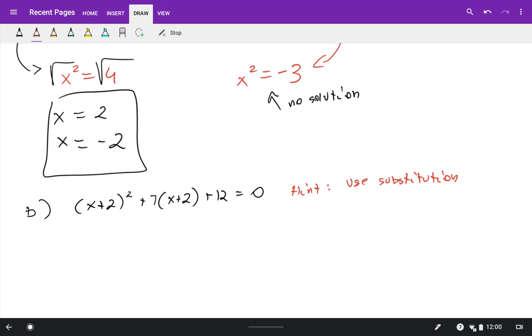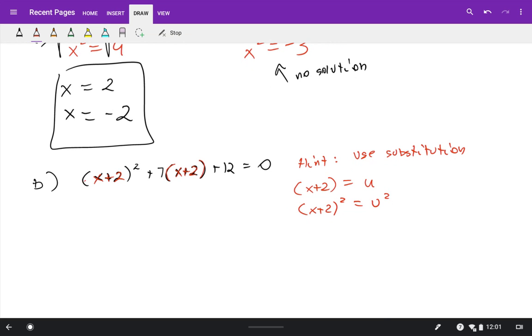Look what happened. Here you have x plus 2 twice. That expression repeats twice in this equation. So what I will do is substitute x plus 2 with the letter u. Then (x plus 2) to a second power will be just u squared. So I will create an equivalent equation in terms of u.